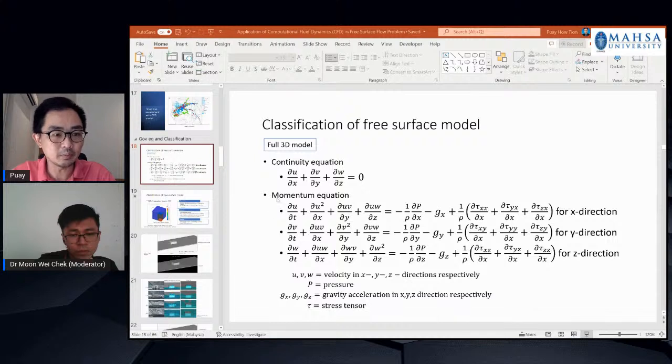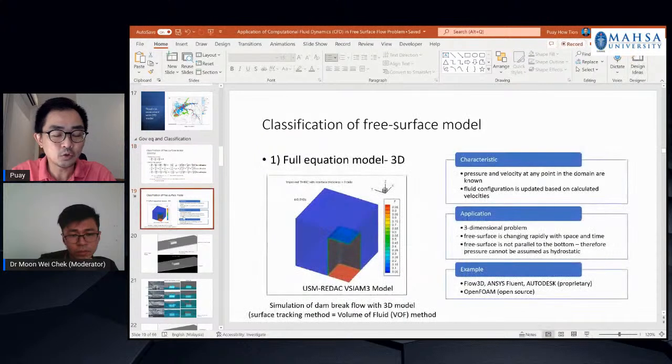I will not dive into these equations here. You can find them in textbooks. By solving the continuity and momentum equations, we can define the flow at all points in the domain.